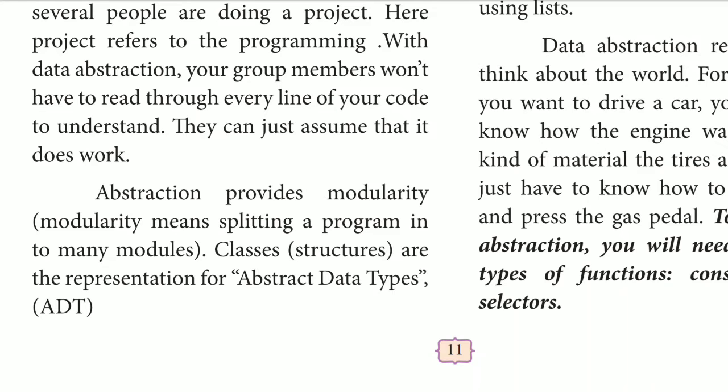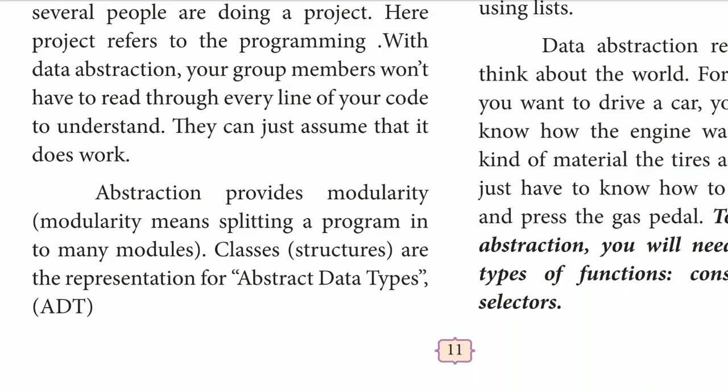Object means the real world object, like mobile is an object, fan is an object, car, pen, pencil, bike, everything is an object. Like that, a program is also an object. So they'll treat this program like an object, and the data will be abstracted there.